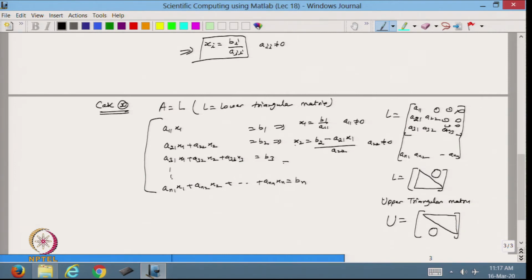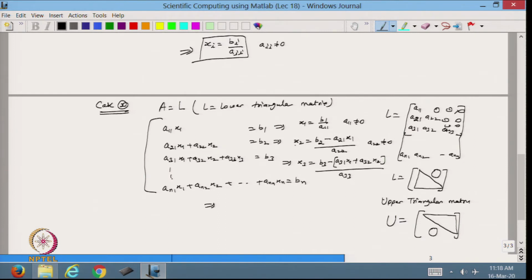Now, my x3 from here will be what? x3 will be equal to B3 minus A31 x1 plus A32 x2, and then divided by A33, provided A33 is not equal to 0.